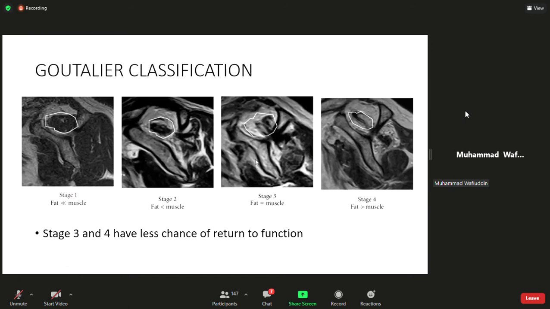In this stage, the fat is around the same as the muscle, and here the muscle has degenerated so much that the fat has replaced almost all of the muscle.